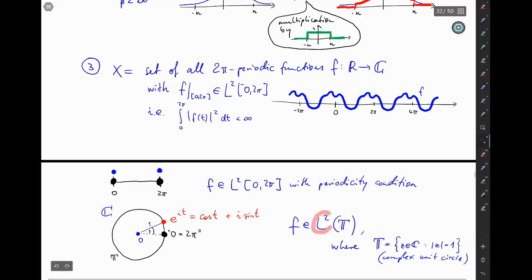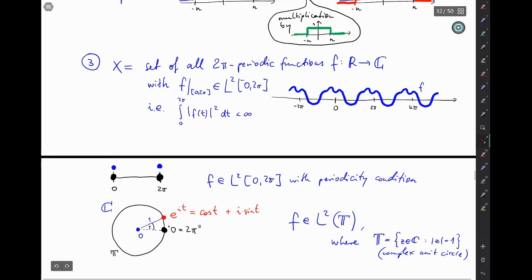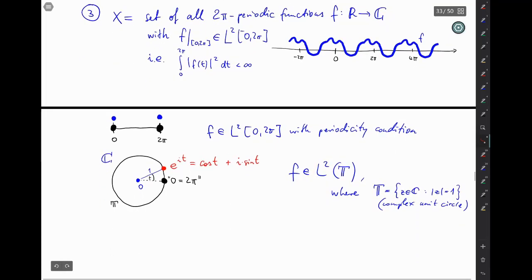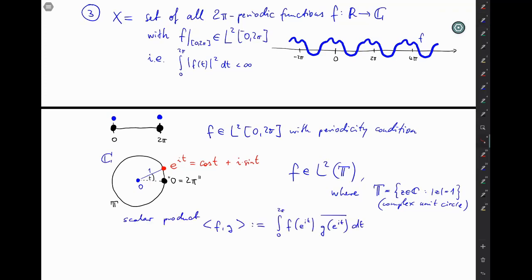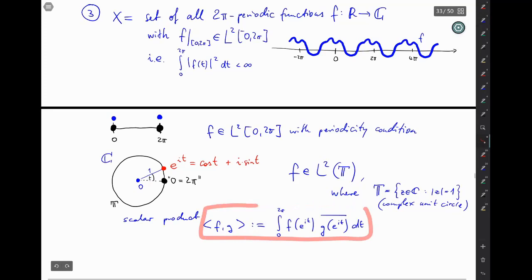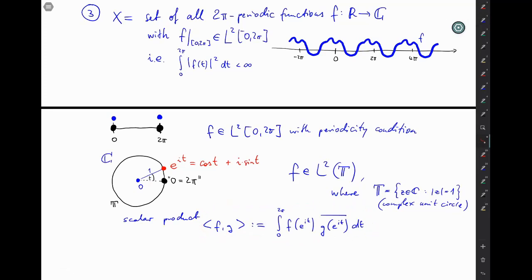Okay, and now the 2 here in L2 suggests that we might have a scalar product, and let's try it with this. And you can show by the same arguments as we did before that this is indeed a scalar product.